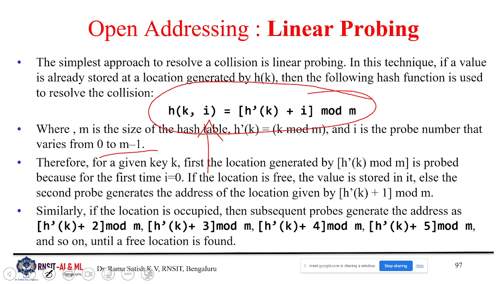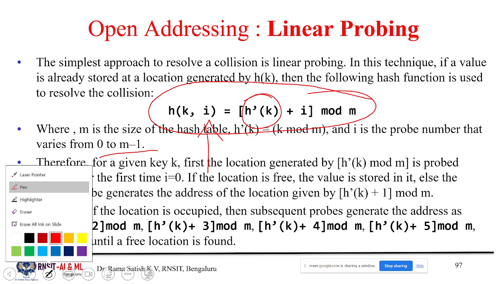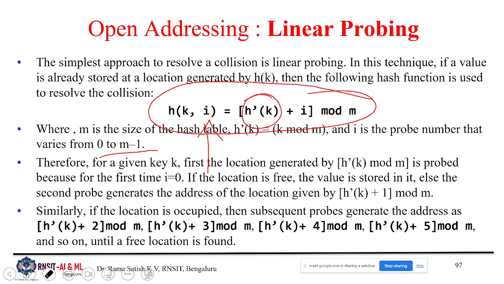You initially do hashing of a key by h'(k) = k mod m, where k is the key. If there is a collision, I increase to the next location and store it there.